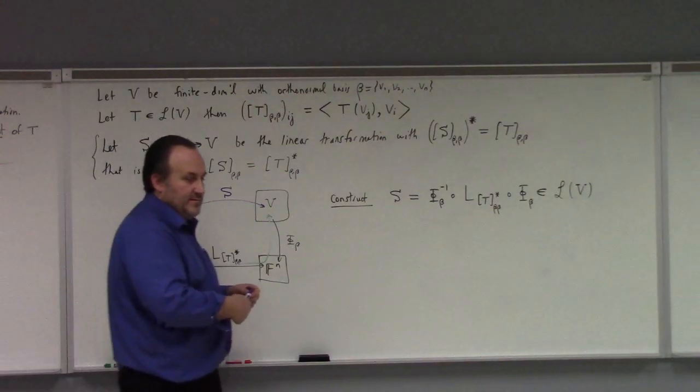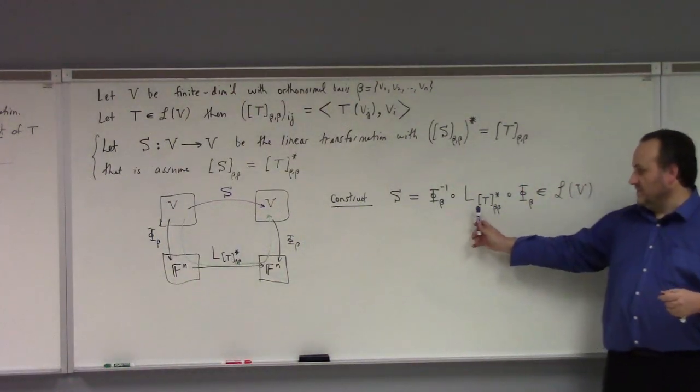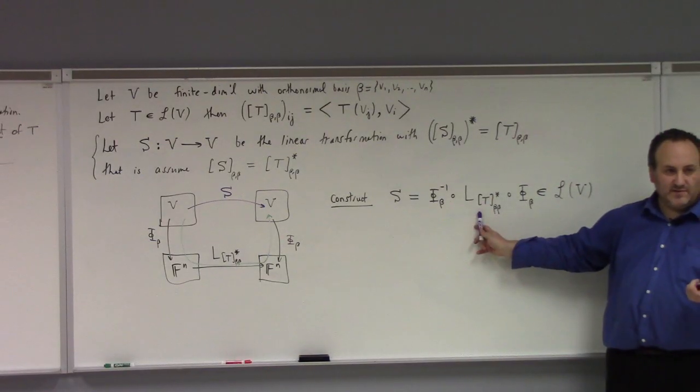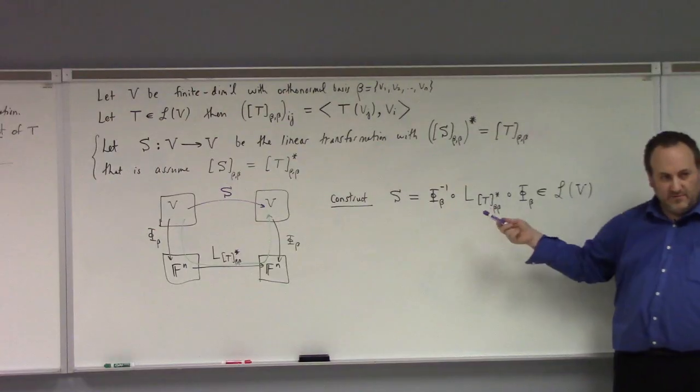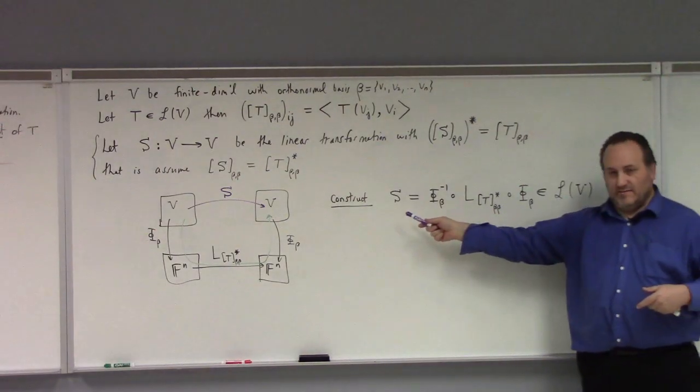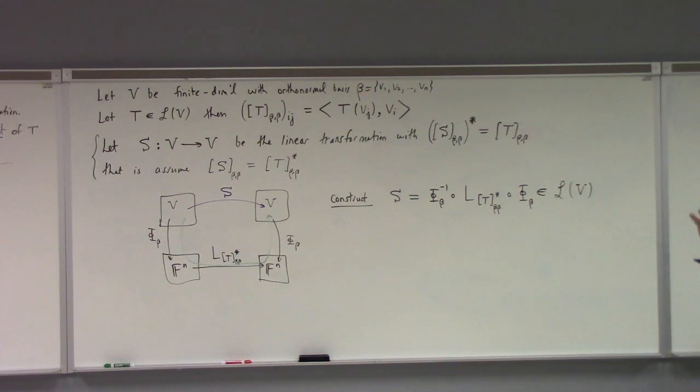So what are you looking at? Isomorphism, in the middle left multiplication by a matrix. These are all linear maps. The composition of linear maps is linear, therefore S so constructed is a linear transformation, all right? So, in fact, we can do this. It's not at all a jump, but there are details of how to do that.